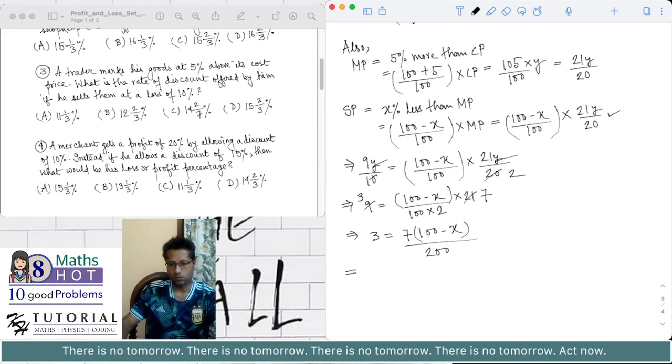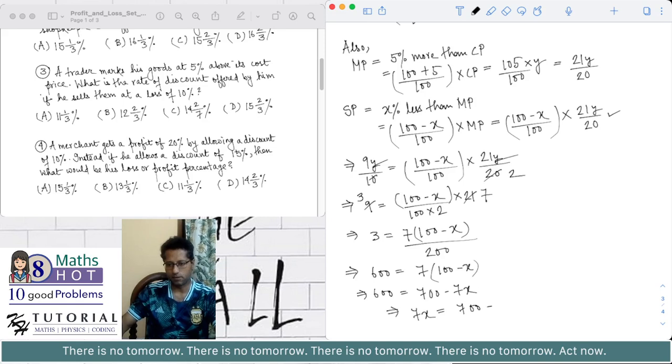Now after cross multiplication we get 600 is equal to 7 into (100 minus x). This implies 600 is equal to 700 minus 7x. This implies 7x is equal to 700 minus 600, which is 100.